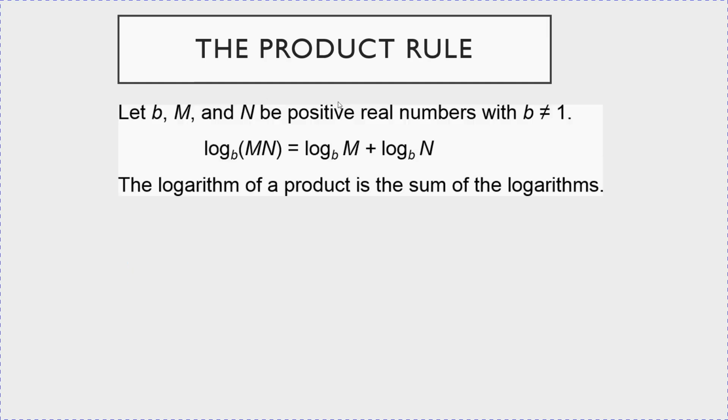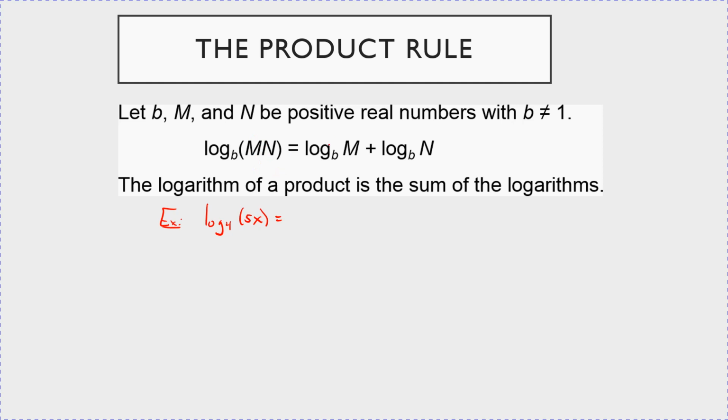It's very simple. Let b, m, and n be positive real numbers with b not equal to 1. If you have log base b of m times n, I'm going to do some examples here. Let's say log base 4 of 5 times x. What you're allowed to do is take the log and break it up.